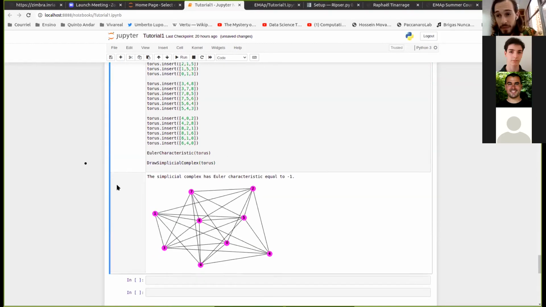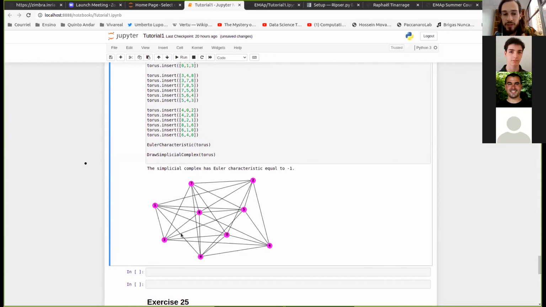And if I plot the simplicial complex that I have, this is very disappointing, because the function does not know how to plot two-dimensional simplicial complexes. To be honest, just by looking at the figure, it's hard to say that it's a torus. It's actually impossible.